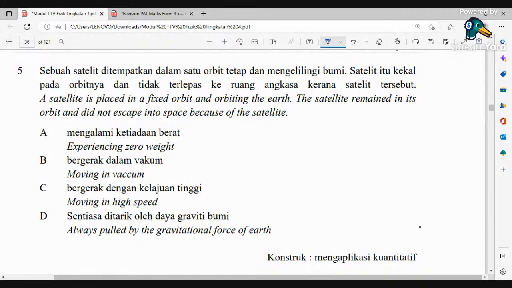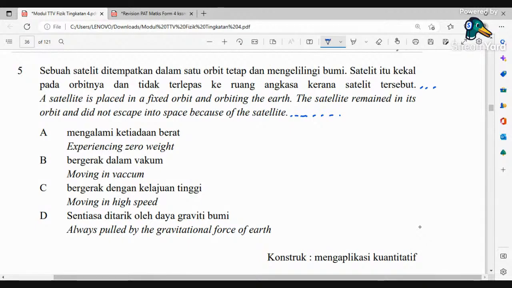The satellite remains in its orbit and does not escape into space because of the satellite. Experiencing zero weight?